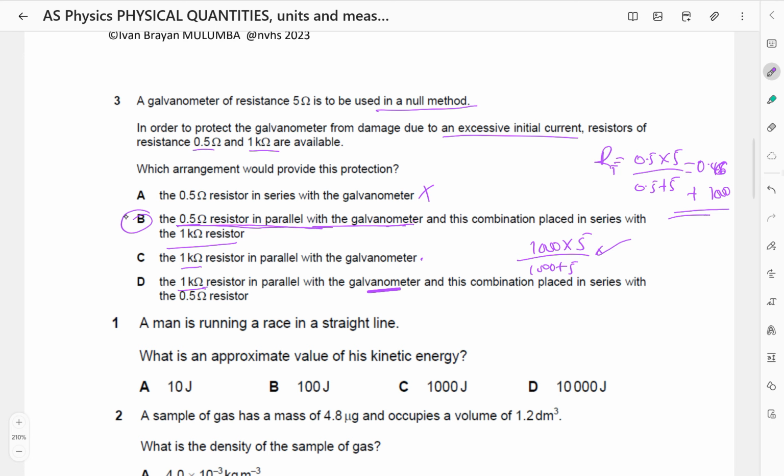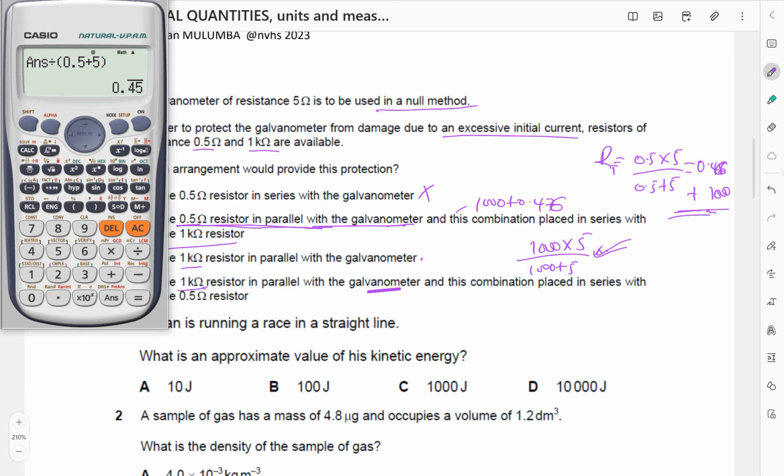So we get this value here plus 0.5. This value is already less than the one we got above. This one was 1000 plus 0.46.